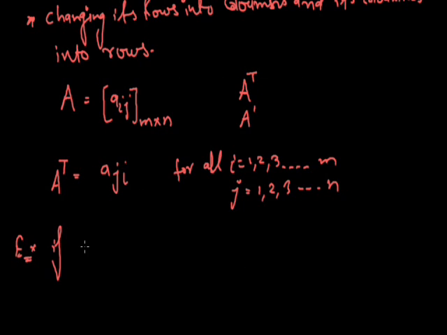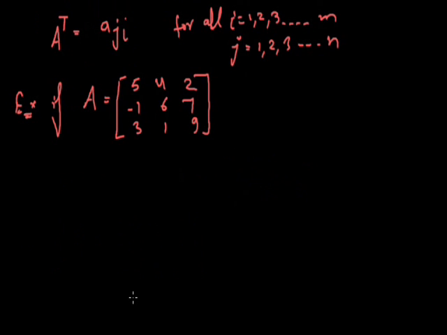Now if A equals 5, 4, 2, minus 1, 6, 7, 3, 1, 9, and we find the transpose of this matrix, we convert the rows into columns.